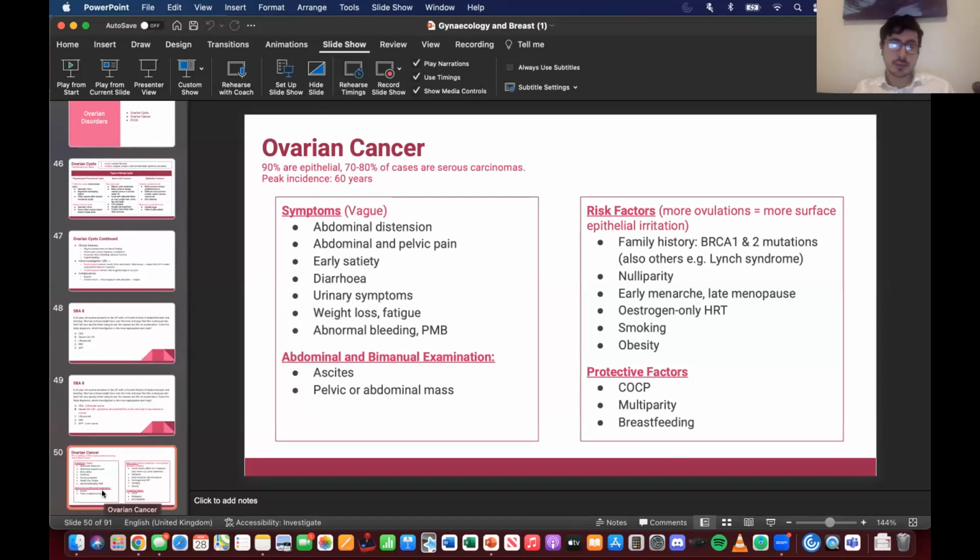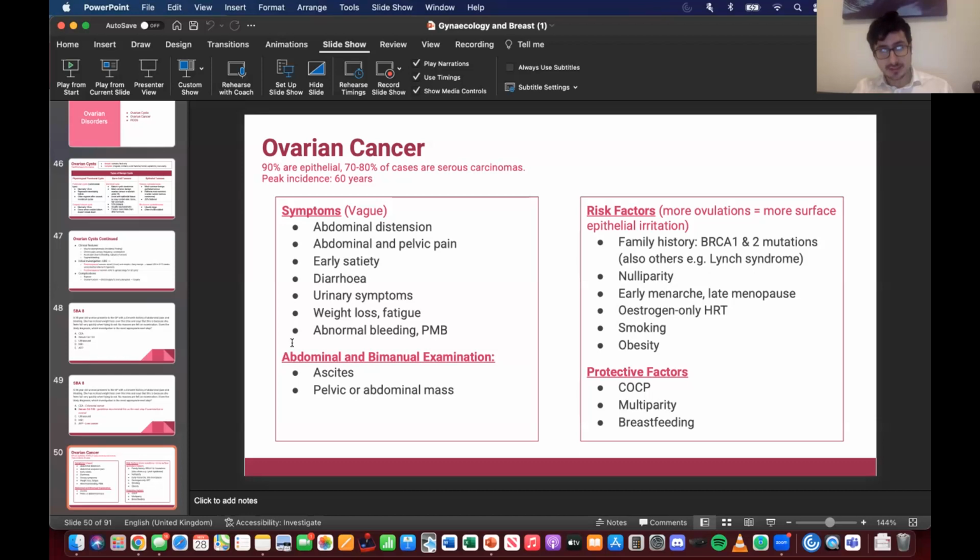Ovarian cancer, as we discussed, the majority are epithelial, 90%, and of this 90%, 80% are serous carcinomas, happen around 60 years old, and the symptoms can be vague. They can include abdominal distension, pain, feeling full early, urinary symptoms, stool symptoms, weight loss, abnormal bleeding, very vague symptoms.